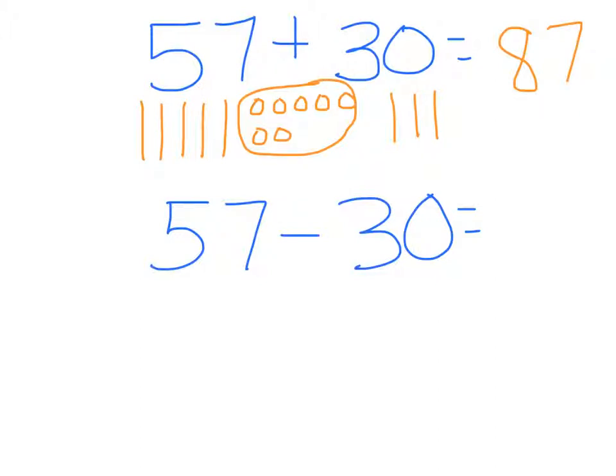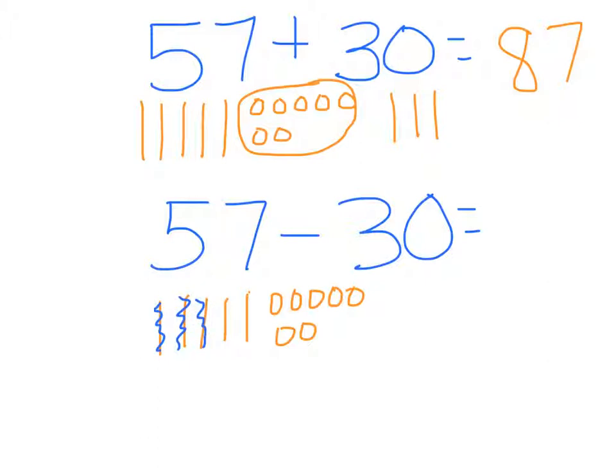All right, let's see. You should have probably drawn it something like this. 10, 20, 30, 40, 50, 51, 52, 53, 54, 55, 56, 57, but I'm taking away this time. That's important. So I'm going to take away 30. So I'm going to take away 10, 20, 30.